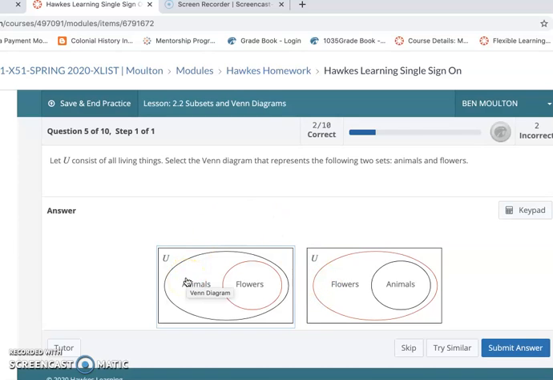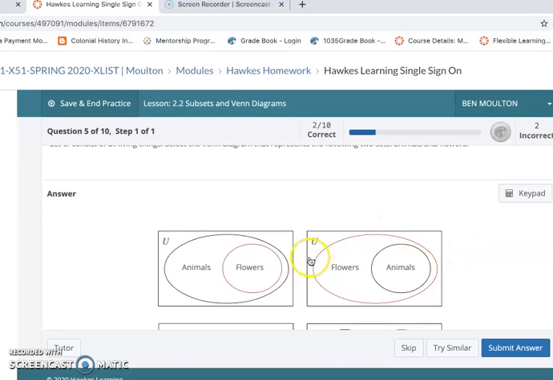All right, so in this case, they're saying, let's find the Venn diagram that represents the following 2 sets, animals and flowers. The and is important. And means what's in common. So what we're saying here is that all flowers are inside of animals. Nope, that's not what they're saying here.